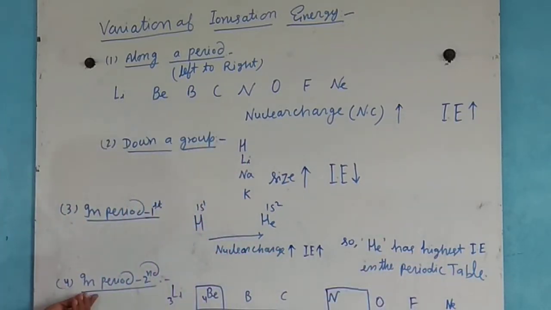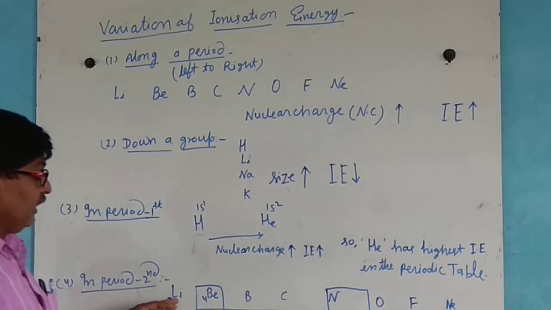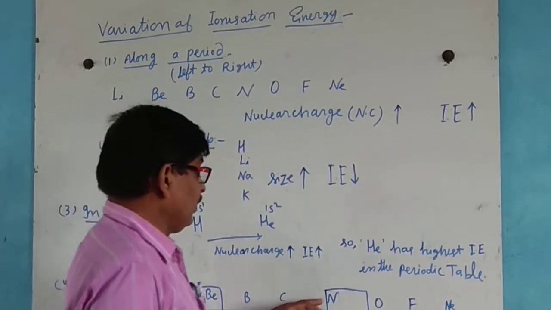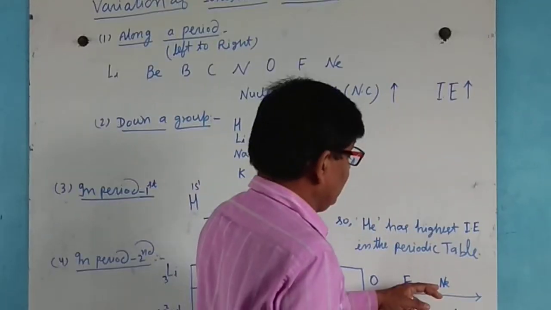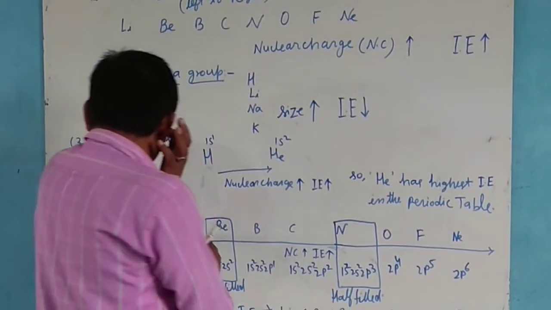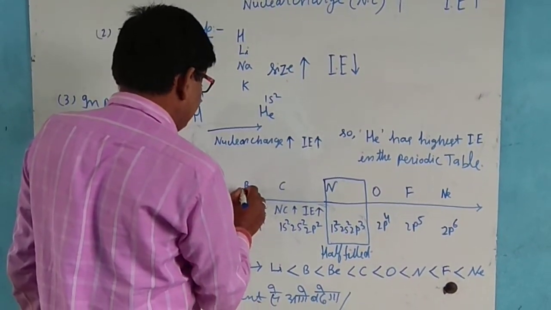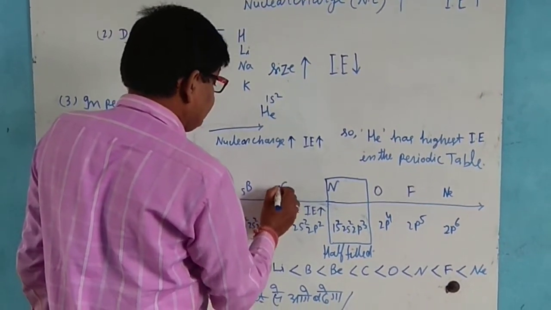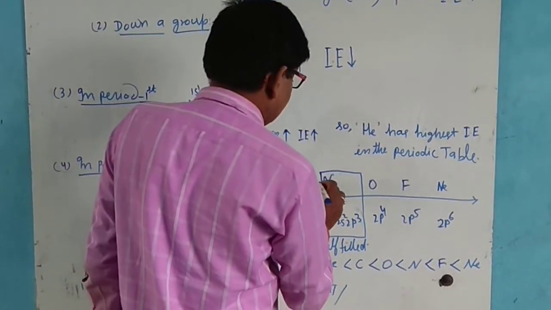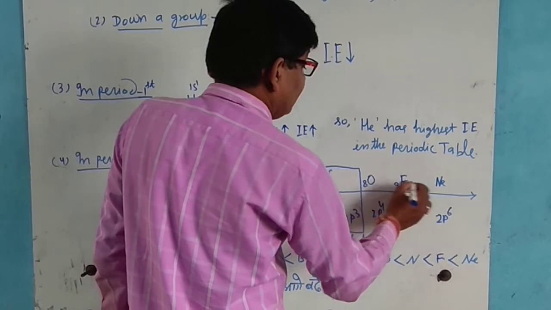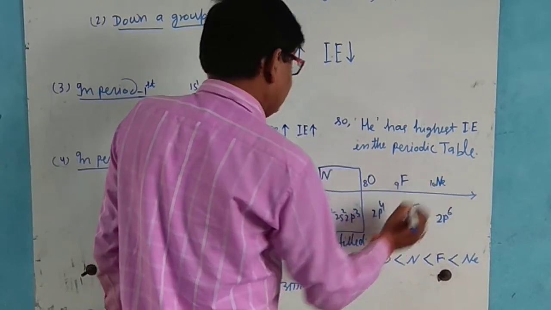Now, in the second period: lithium, beryllium, boron, carbon, nitrogen, oxygen, fluorine, and neon. Here atomic numbers are 3, 4, 5, 6, 7, 8, 9, and 10.